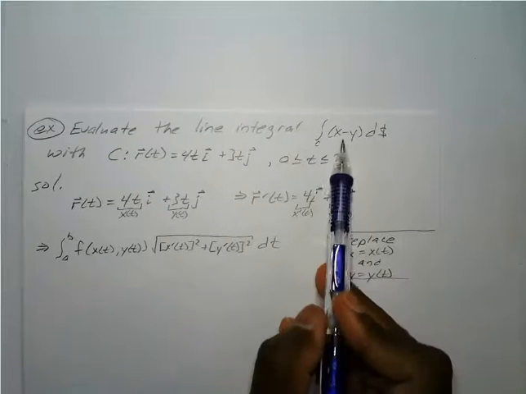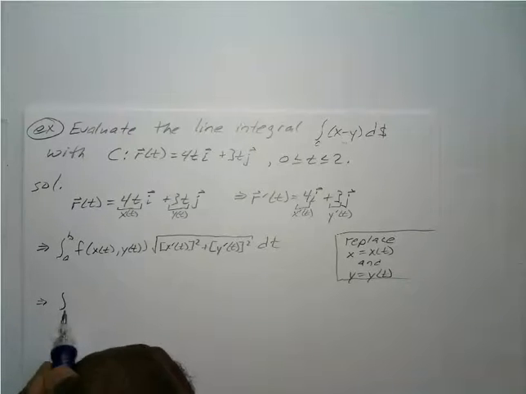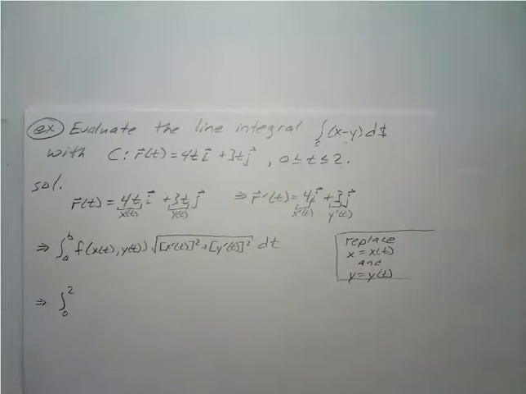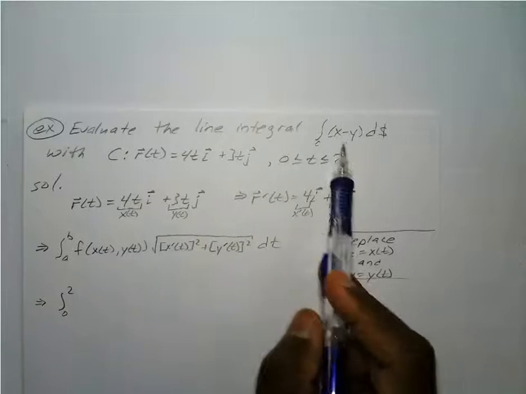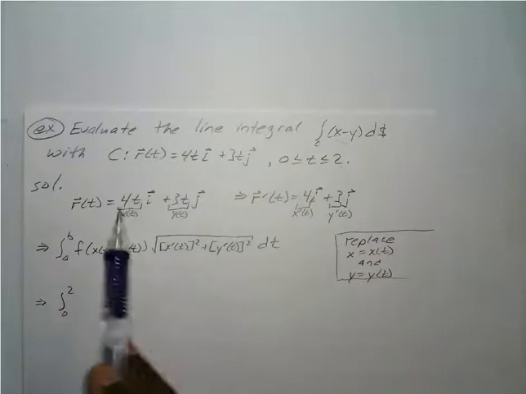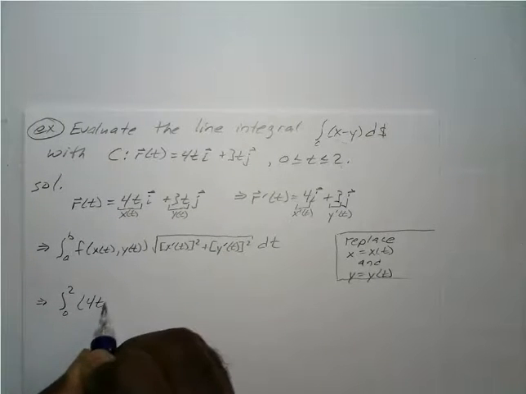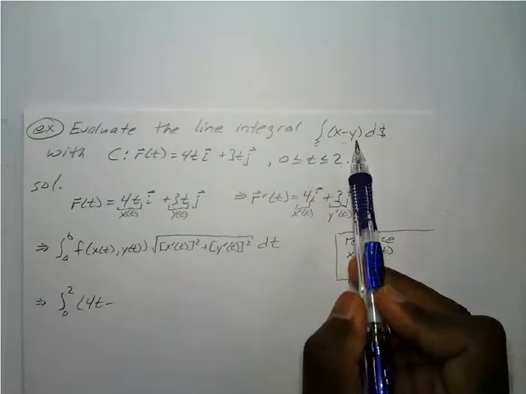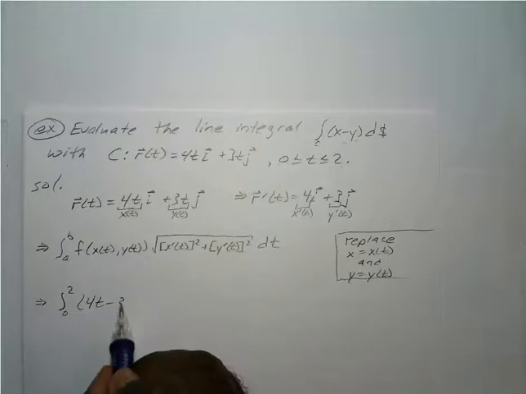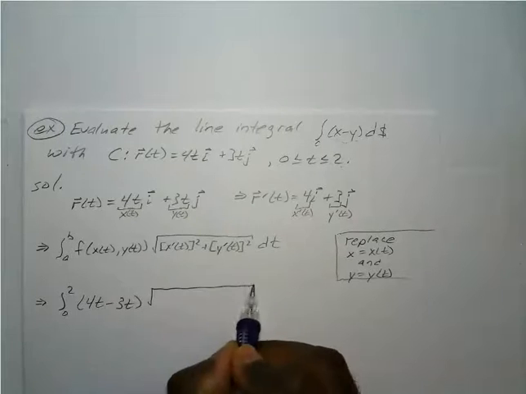So that means up here, you're going to have the integral from a to b, so from 0 to 2. This is your f of x, y, so instead of x, you're going to put your x of t, so that's 4t, minus, instead of y, you're going to put your y of t, so 4t minus 3t.